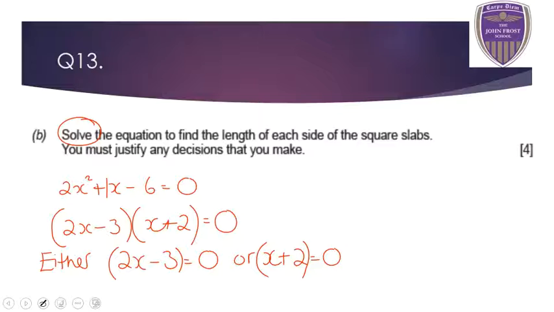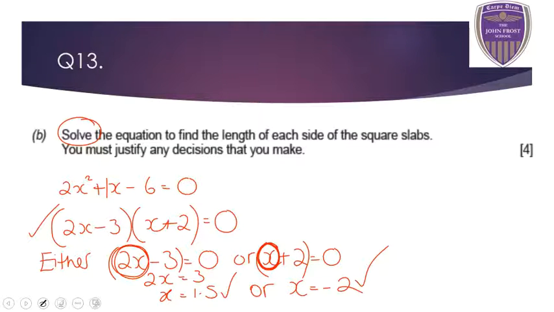It's just showing you where it's come from in the factorisation part, okay? Now, for this to be equal to 0, that means that 2x must be worth 3. And if 2x is 3, x is 1.5. Or, for this to be 0, x must be minus 2.